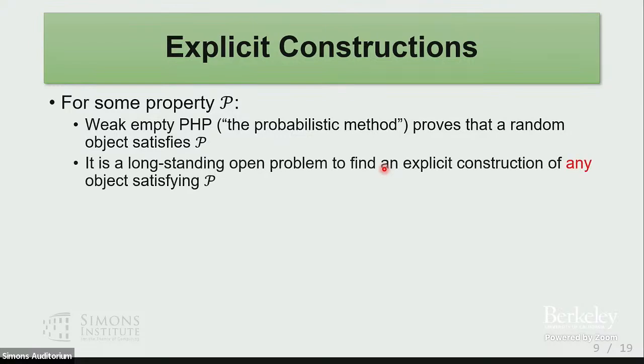On the other hand, it's very hard to deterministically construct any object that satisfies P. Some infamous examples are hard truth tables, which some people call circuit lower bounds, rigid matrices and Ramsey graphs. If you don't know about the latter two, it's okay because I'll illustrate them as examples.